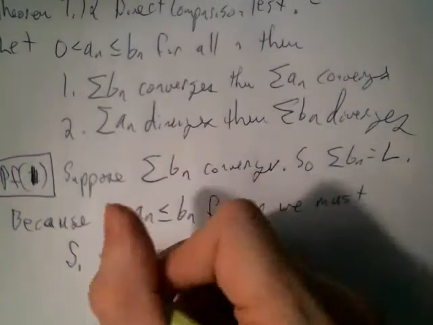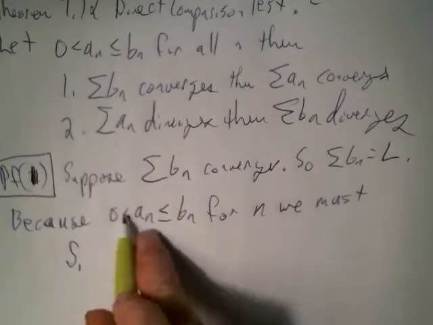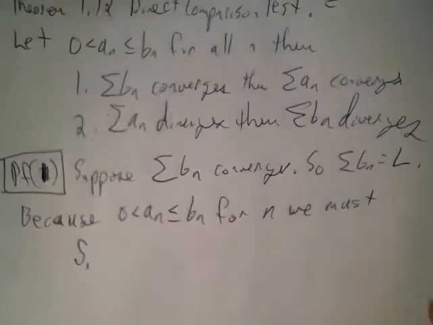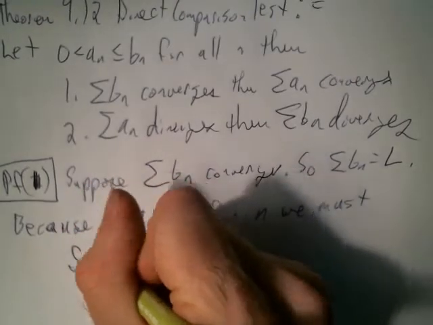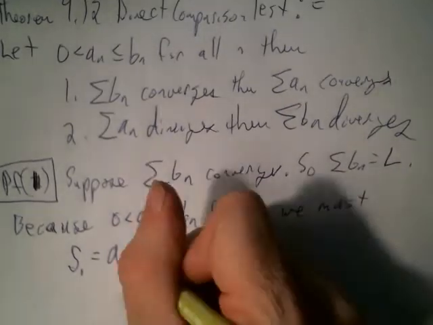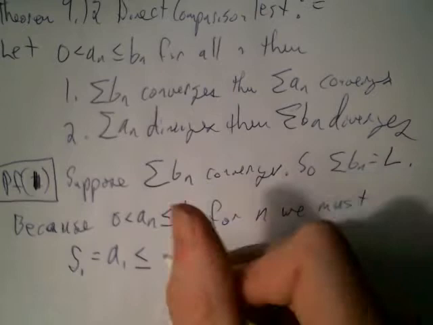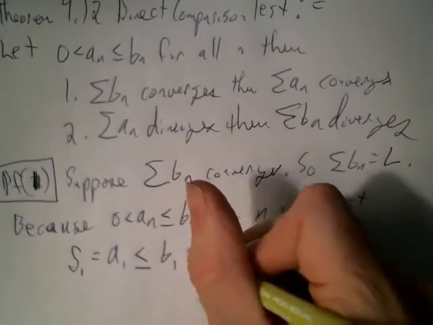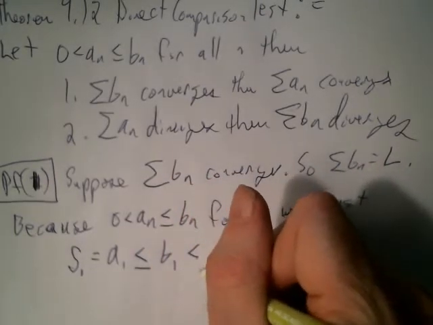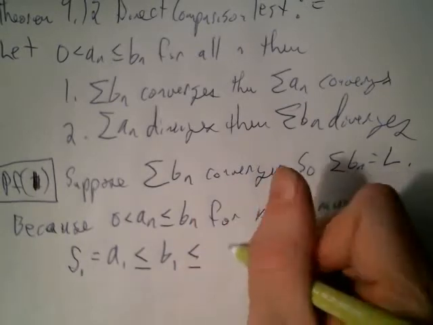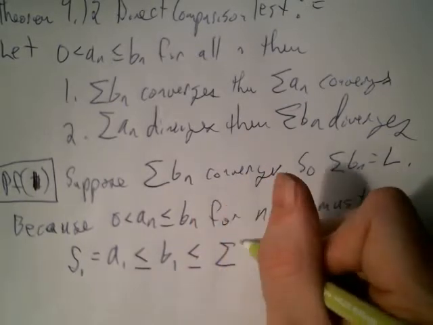So the sequence of partial sums from the a sub n series: S sub 1 would be a sub 1, and of course that'll be less than or equal to b sub 1, which is obviously less than or maybe even equal to the series b sub n.